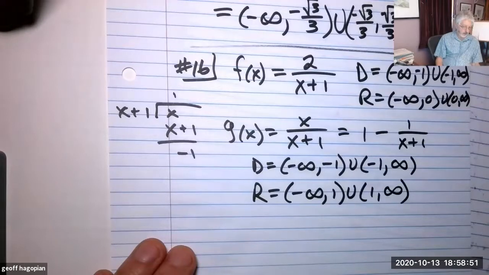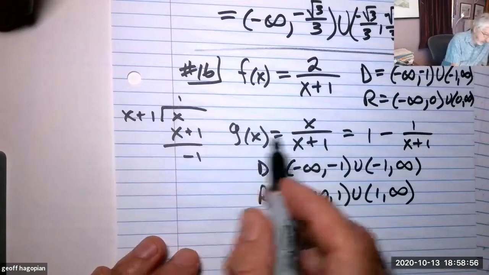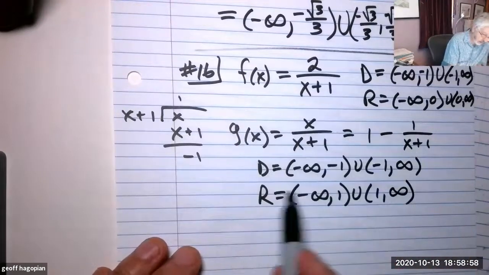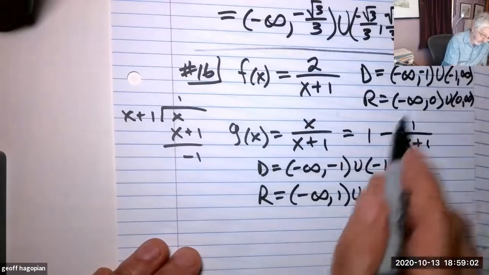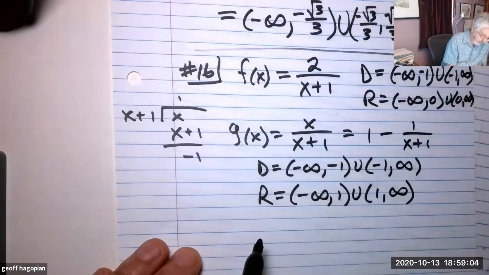What about f plus g? That is just going to be the intersection of the domains, which is the same. There's the same domain, so their intersection is just that. Same thing with f minus g and f times g. How about f divided by g?